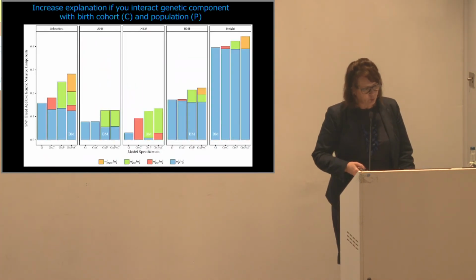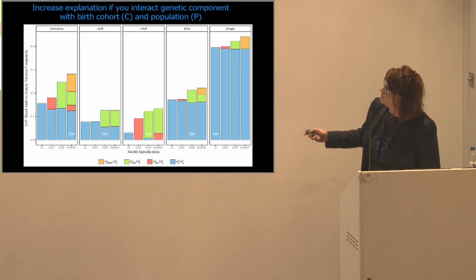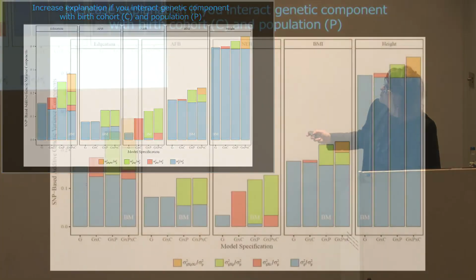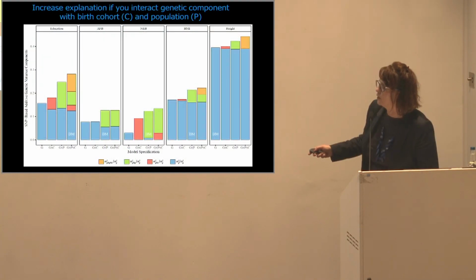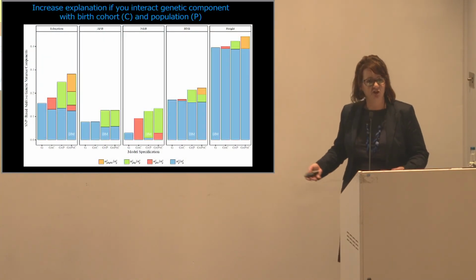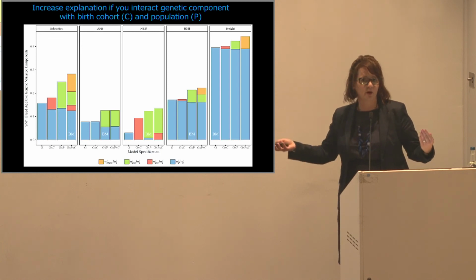What we show is that, particularly for complex phenotypes such as education, age at first birth, number of children ever born, and to some extent BMI, if you just look at genetics, you get a low predictive factor, but once you add in the birth cohort they come from, the country they come from, or the three-way interaction, you can explain a lot more of the outcome.